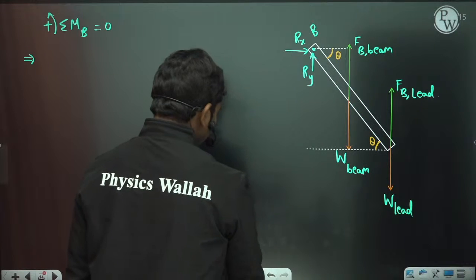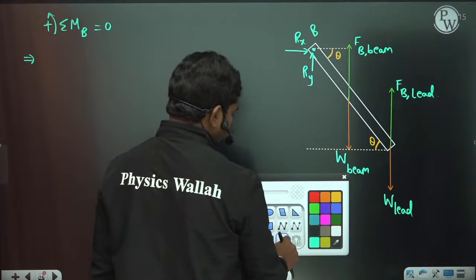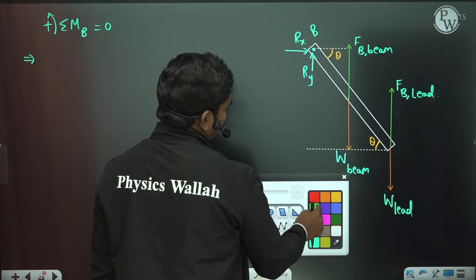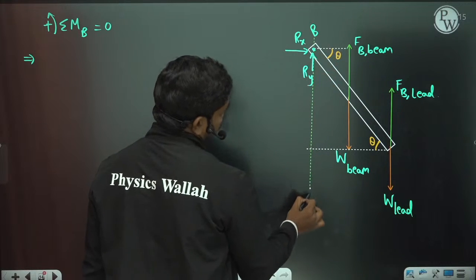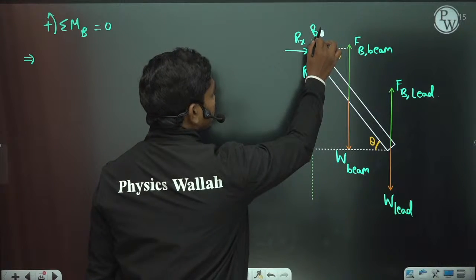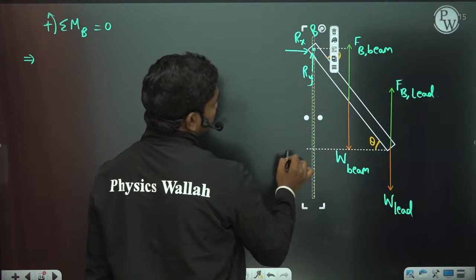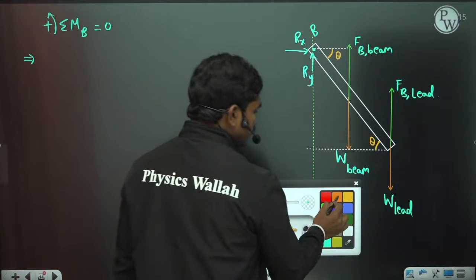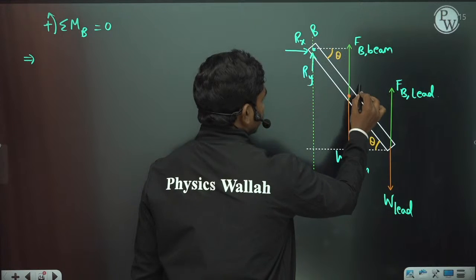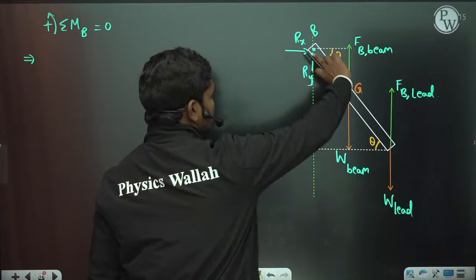But before that, if you make a vertical at this location through B, and let us suppose the length of the beam is L, and this is the centroid, then this length is L by 2.